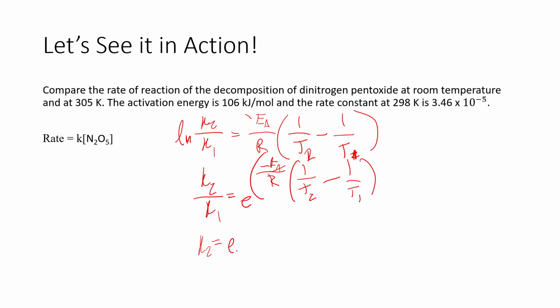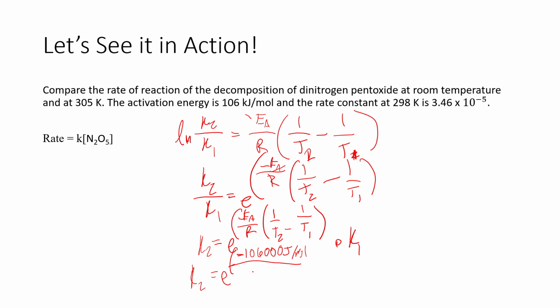So K2 is equal to e to the power of negative Ea over R times 1 over T2 minus 1 over T1, all of this times K1. And we're going to then plug in these numbers so that we can get an answer. Ea will be in joules per mole.